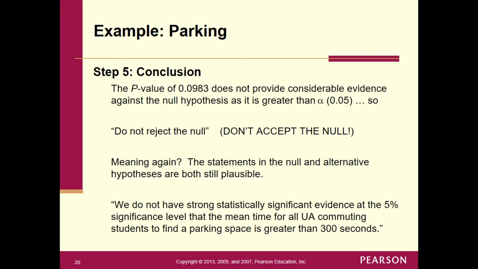Remember, it's not for the sample of 100. You test parameters, you test populations, okay? So we do not have strong evidence that mu is greater than 300. Okay? So that's what we call a t-test, a t-test when you test one population mean.